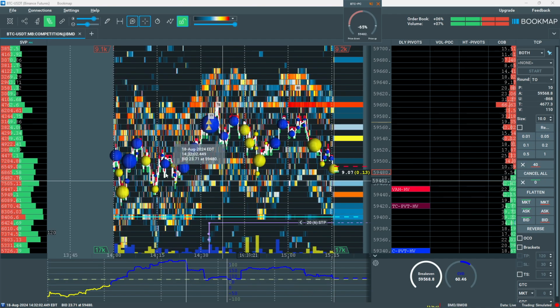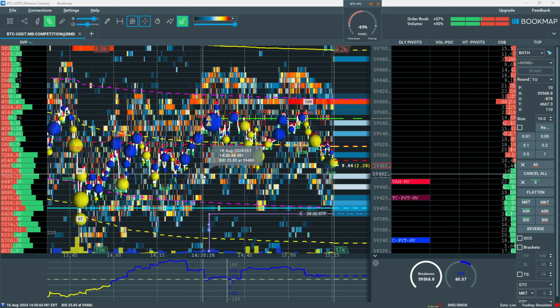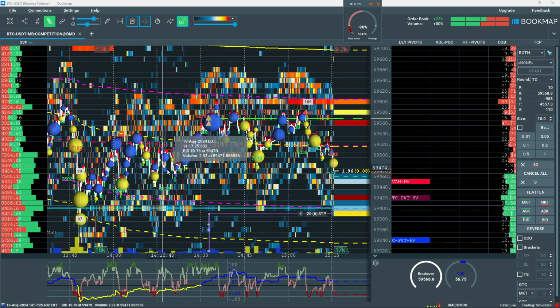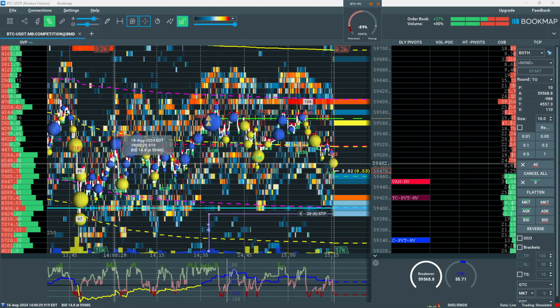Let's see where we could expect to see some buyers. So we should see some buyers around this area here.